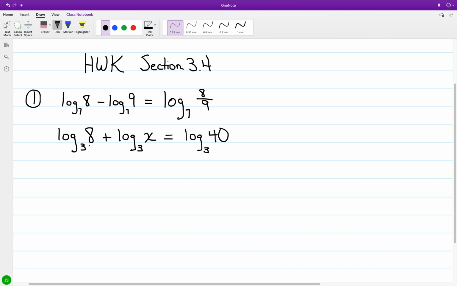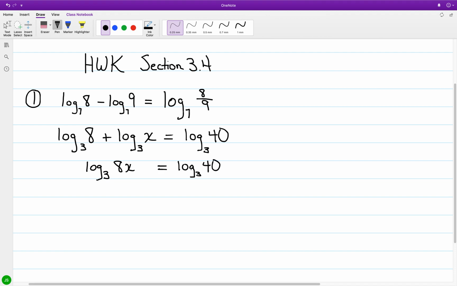Once we look at determining what is to be put in the blank, again, we have addition of base 3 logarithmic terms, and addition is going to imply multiplication. So we will have a base 3 logarithm of 8 times x is equal to the base 3 logarithm of 40.